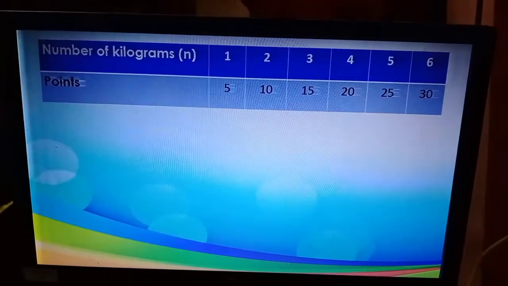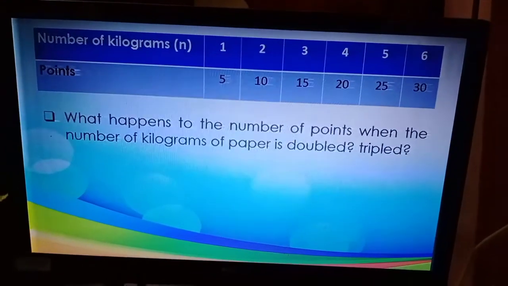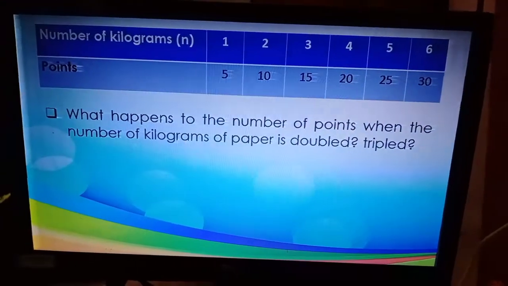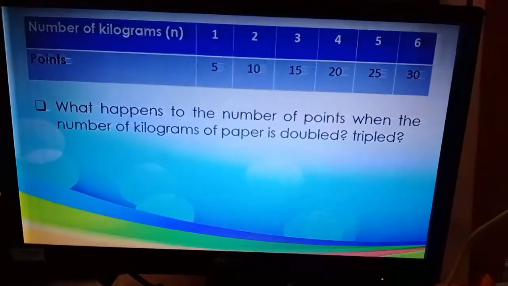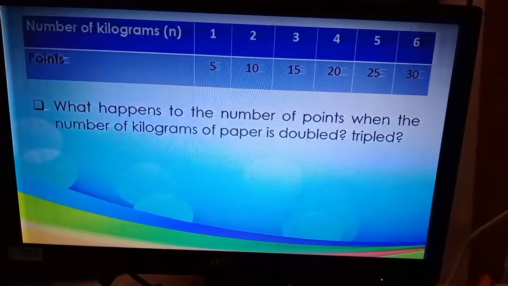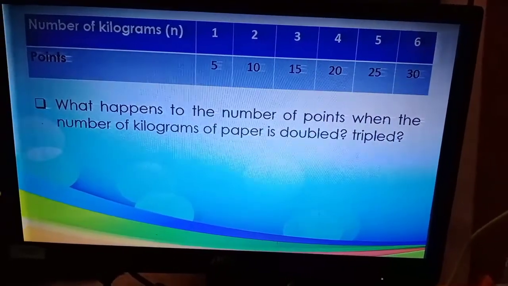Given this table, here are some questions for us to answer. What happens to the number of points when the number of kilograms of paper is doubled or tripled?